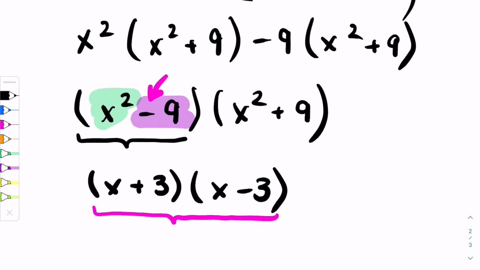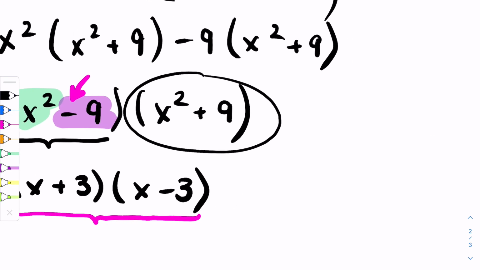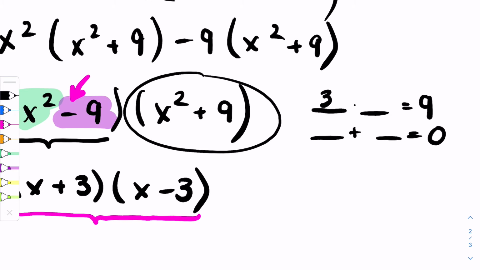This right here, you can't factor that any further because you need to think to yourself, if we try to, what two factors multiply to positive 9 and the same two factors that add to 0? Well, my factors of positive 9 are positive 3 and positive 3, but add those together and you get 6, so that doesn't work.